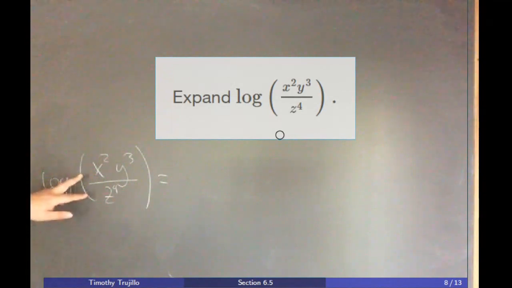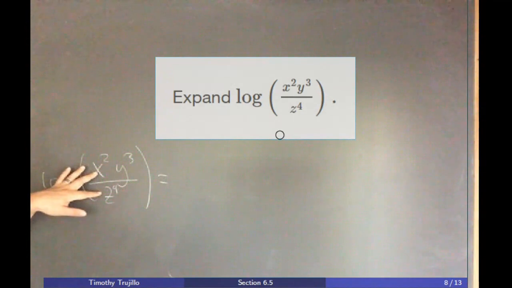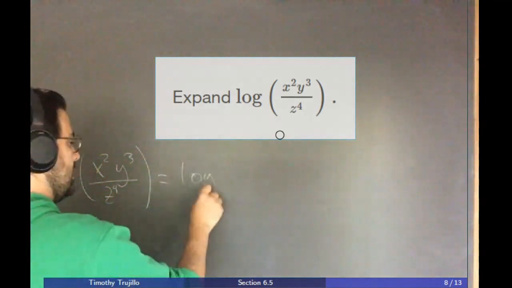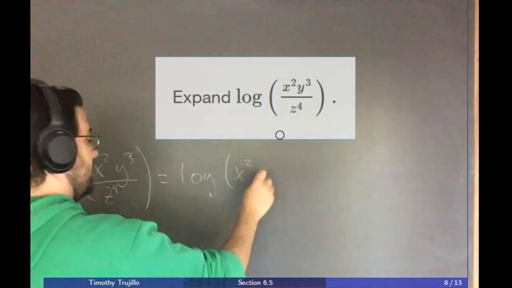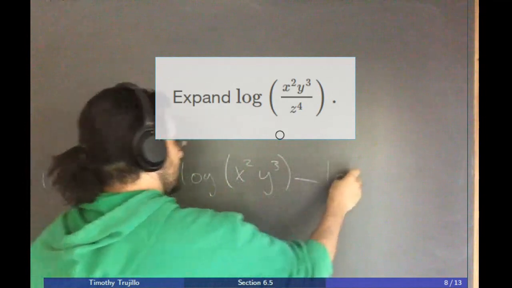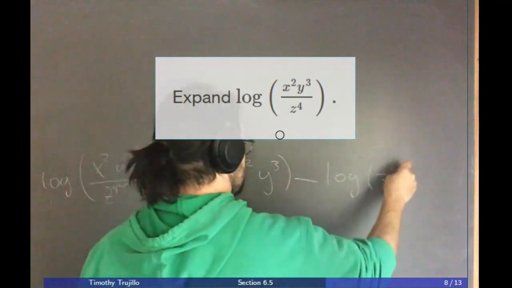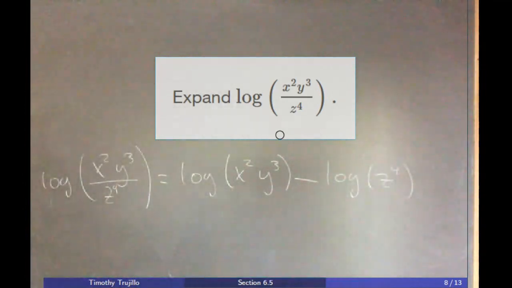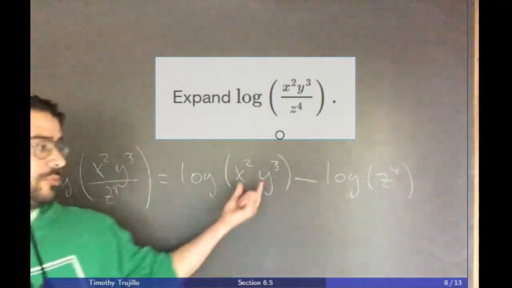Okay, so the first thing we'll take care of is the division, right? So that turns into subtraction. So that becomes log base 10 of x squared y cubed minus the log of z to the power of 4. The next thing we'll take care of is the product.